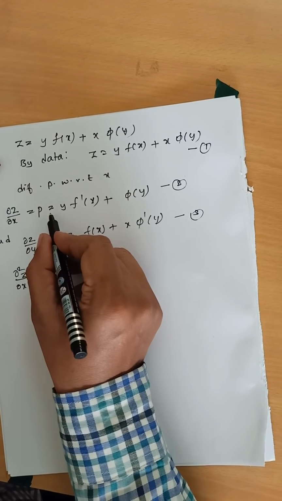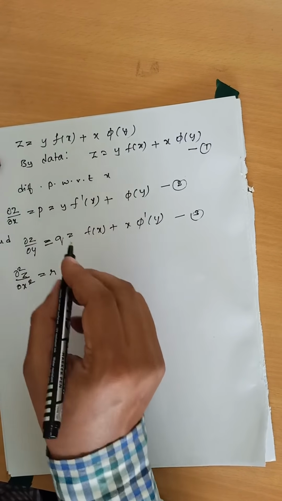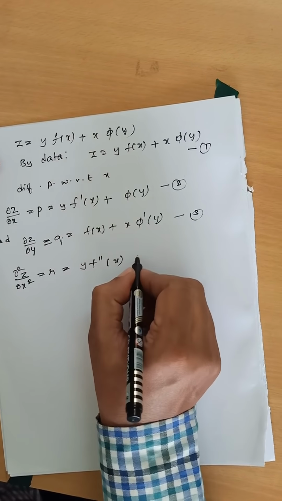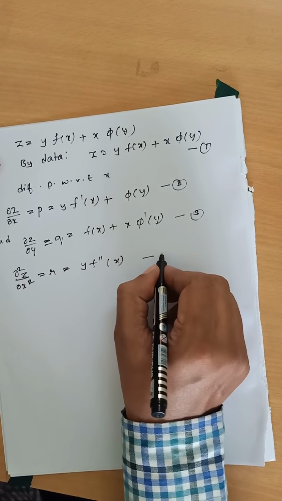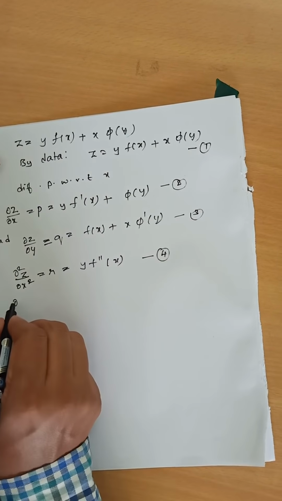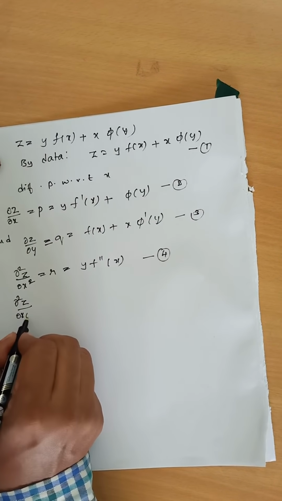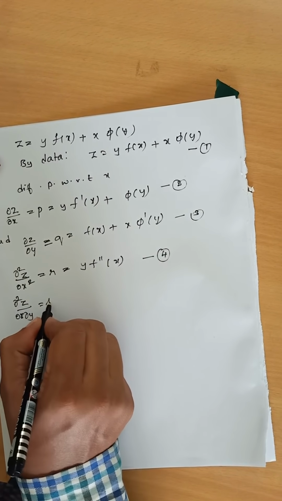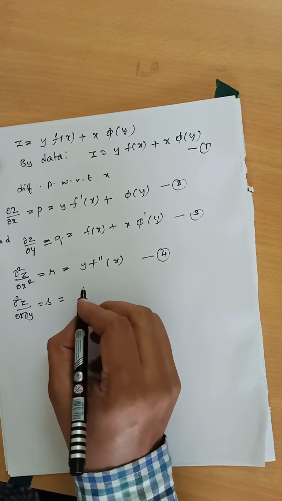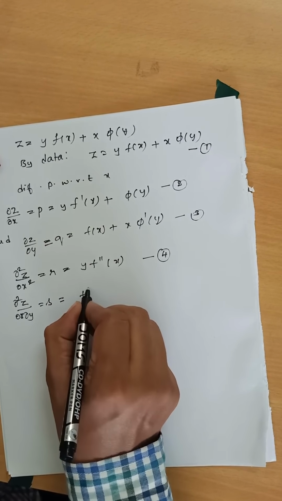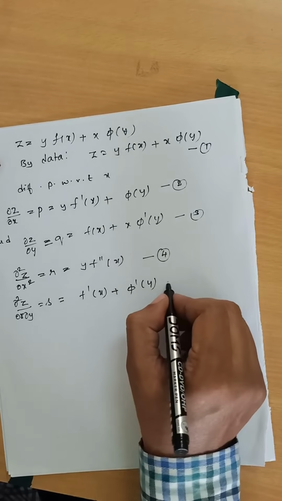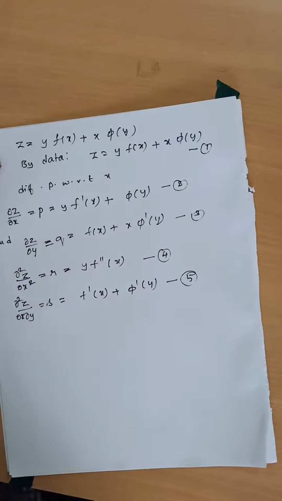Means we differentiate this equation with respect to x again, that is y into f double dash of x plus 0, other variable is constant so it is 0. You call this equation number 4, and dou square z by dou x dou y, standard notation is denoted by s. That means we differentiate this equation with respect to y, which is f dash of x, y is 1, plus phi dash of y. You call this equation number 5.